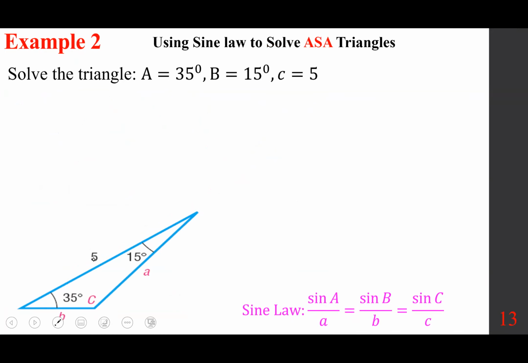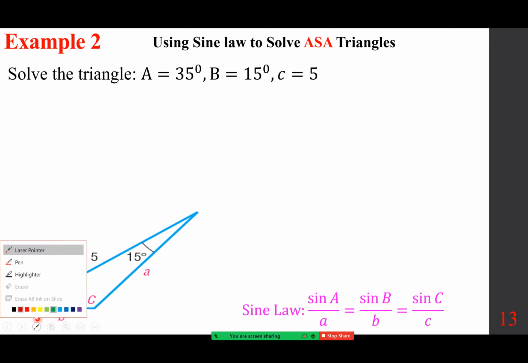All right, in this situation, A is 35 degrees, B is 15 degrees, lowercase c is 5. If we were to write this, this would be capital A, capital B, lowercase c.